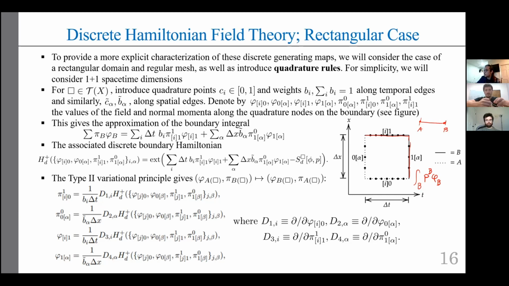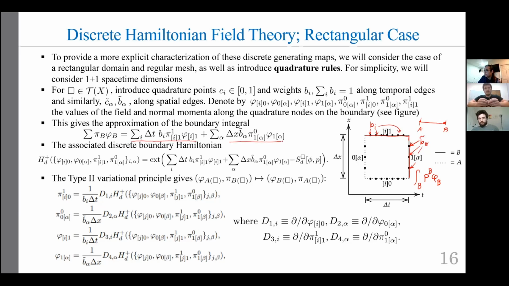We want to approximate this integral, and if you associate quadrature weights B_i to each one of these nodes, and then quadrature weights B tilde alpha to each one of these nodes, then this integral is given by this quadrature approximation here.